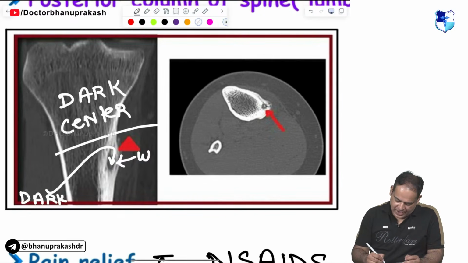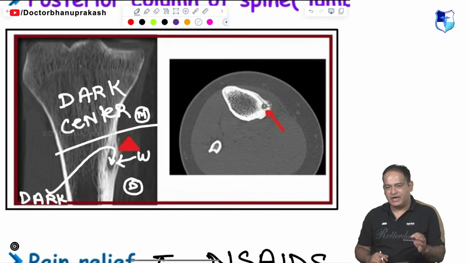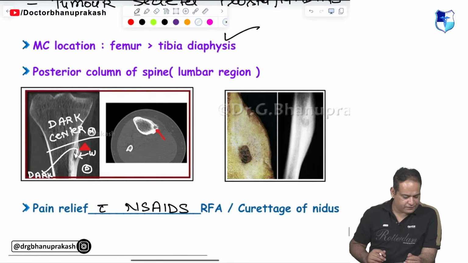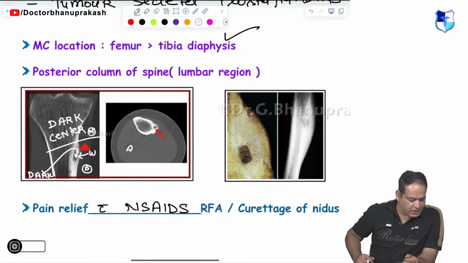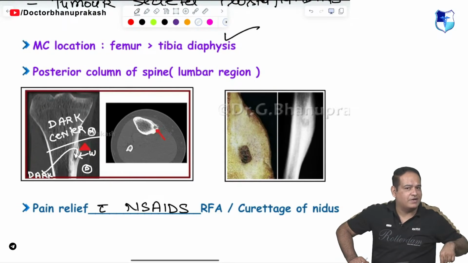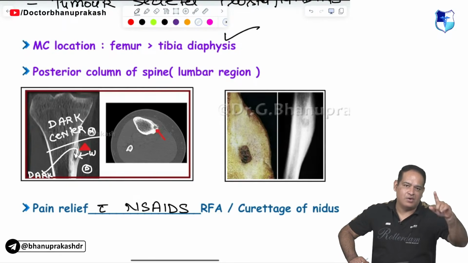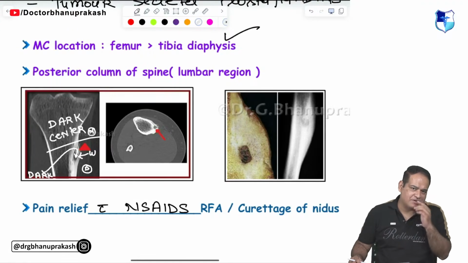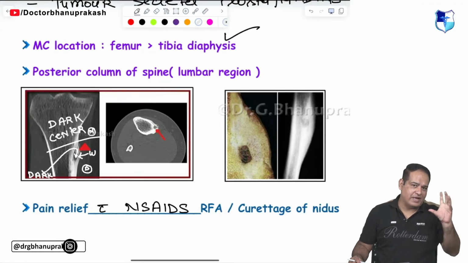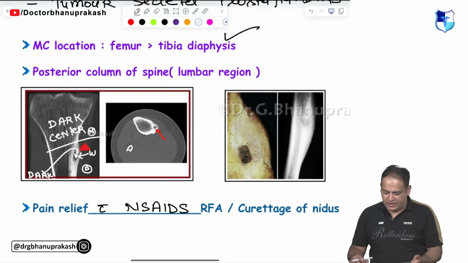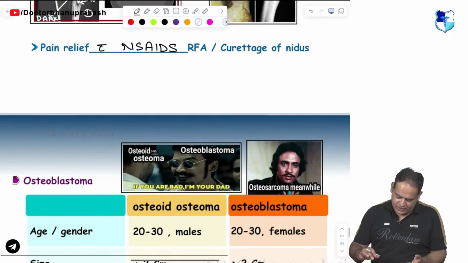And if you see at the junction of metaphysis and diaphysis, 110% it is osteoid osteoma only, fine. तो आप कह रहे हैं ना ब्रोडीज एब्सेस इज सीन एट मेटाफाइसिस, उसमें भी डार्क सेंटर होगा, वाइट पेरिफेरी होगी, लेकिन वो कहाँ होगा? मेटाफाइसिस पे. बट अगर आपने डायाफाइसिस और मेटाफाइसिस के जंक्शन के आसपास देखी ऐसी चीज कि अंदर काली है ऊपर से सफेद है, देन इट इज ऑस्टियोइड ऑस्टियोमा ओनली, बट वो मेटाफाइसिस पे होगा. पेन रिलीफ विद NSAID.